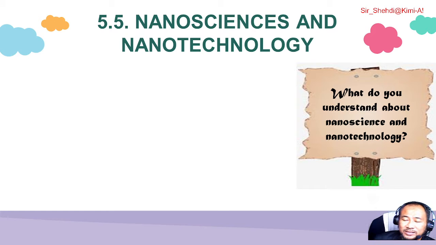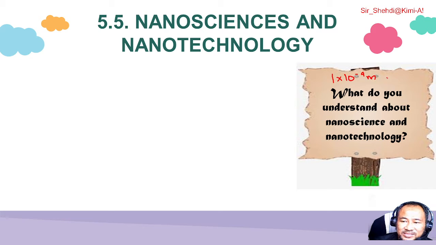Okay, this is the question. What do you understand, my students, about nanoscience and nanotechnology? So nanotechnology refers to the application from the knowledge in science or chemistry. What is nanoscience? I have mentioned before, nano refers to the scale in mathematics, 1 times 10 negative 9 meter.